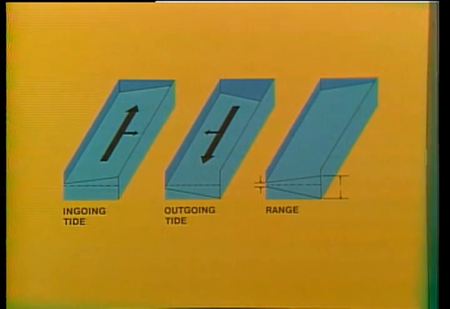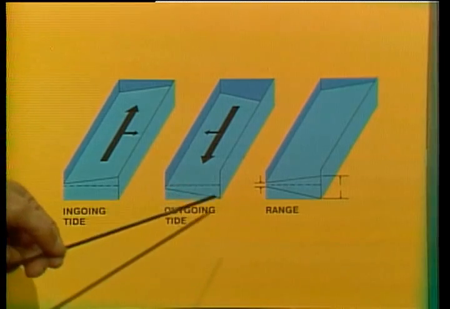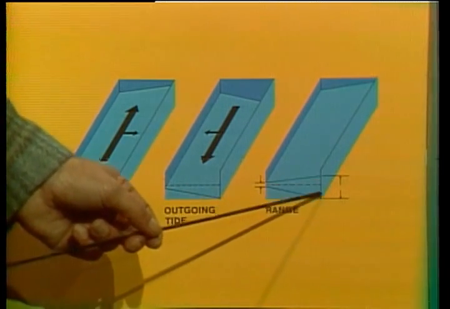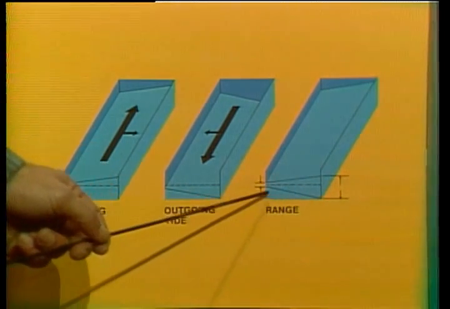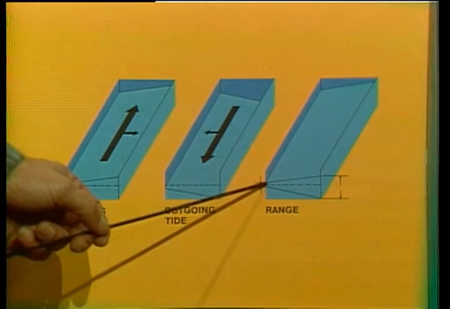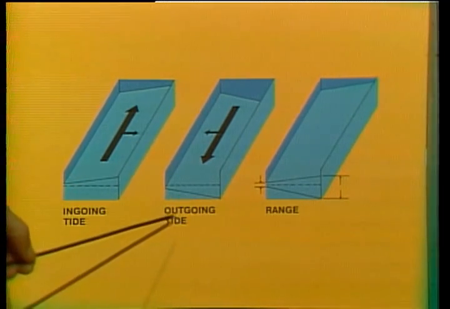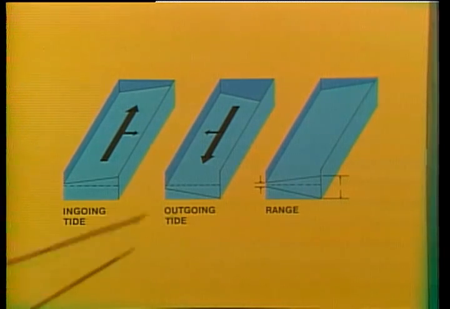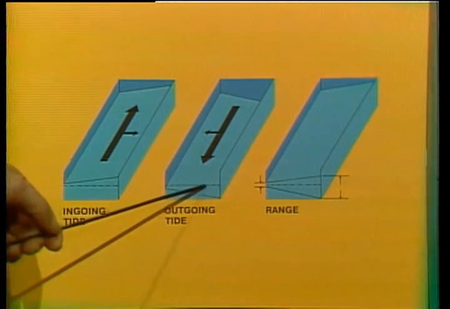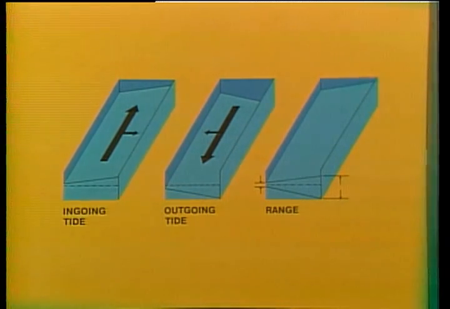Now, the effect of this is that on the right-hand side of the channel, we'd have rather a large tidal range, and on the left-hand side of the channel, we would have a narrow tidal range, because remember, on the outgoing tide, the water level is in fact lower.